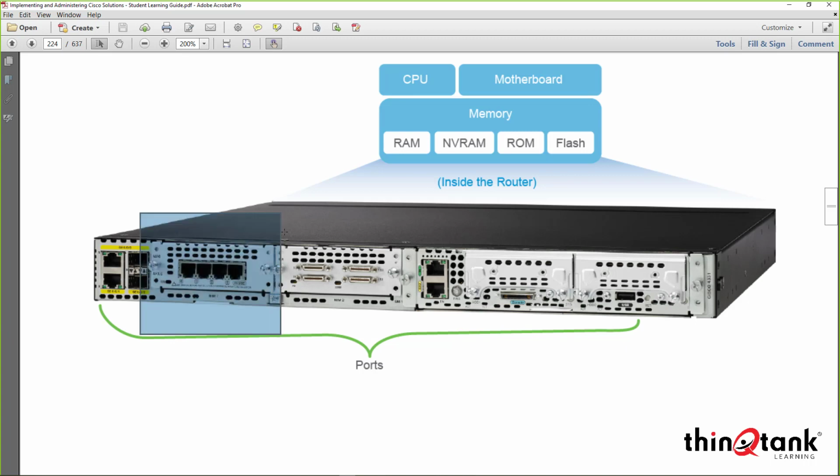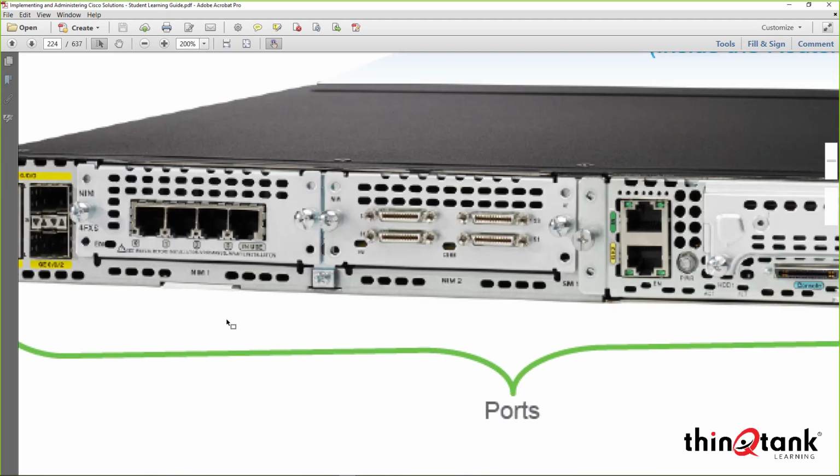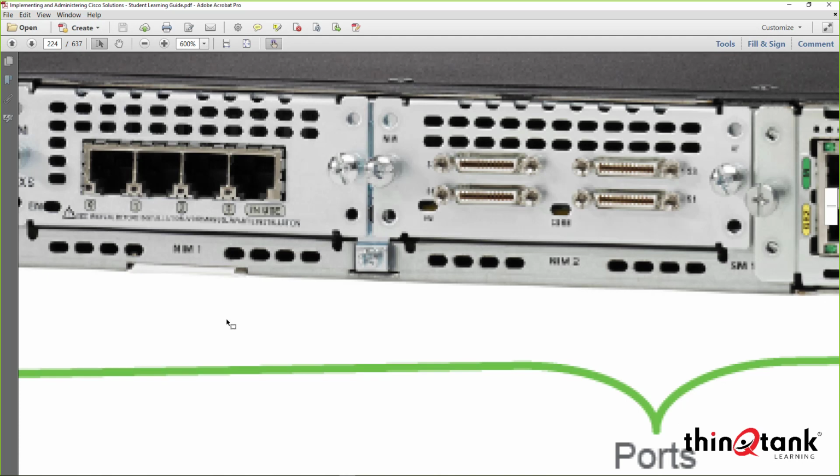And we can see here that we've got different types of interfaces. There's a 4-port serial interface. There is a 4-port, I can't really tell if I zoom in. The image is a little bit fuzzy, but it's either fast Ethernet or gigabit Ethernet, most likely gigabit Ethernet.